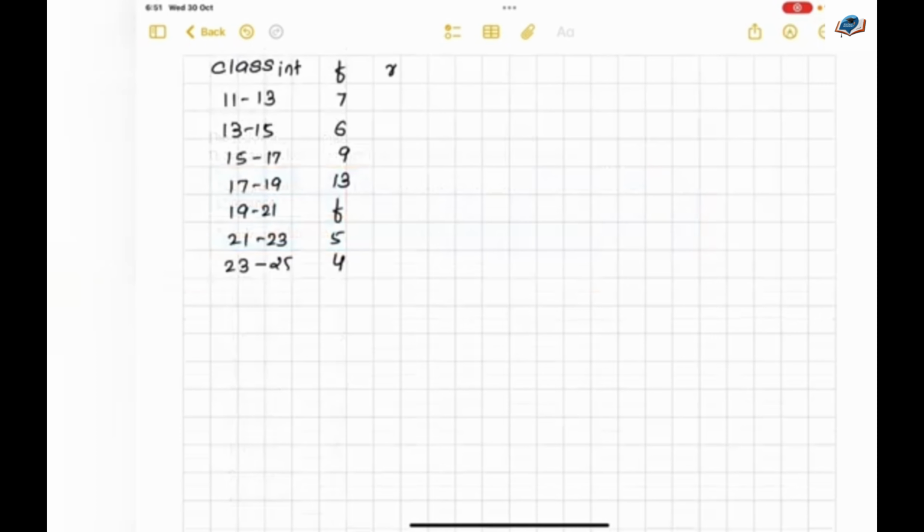Now xi: 11 plus 13 will be 24, so 12. 15 plus 13, 28 divided by 2 means 14. Same way 16, 18, 20, 22. 21 plus 23 will be 44 divided by 2 will be 22, and 24.